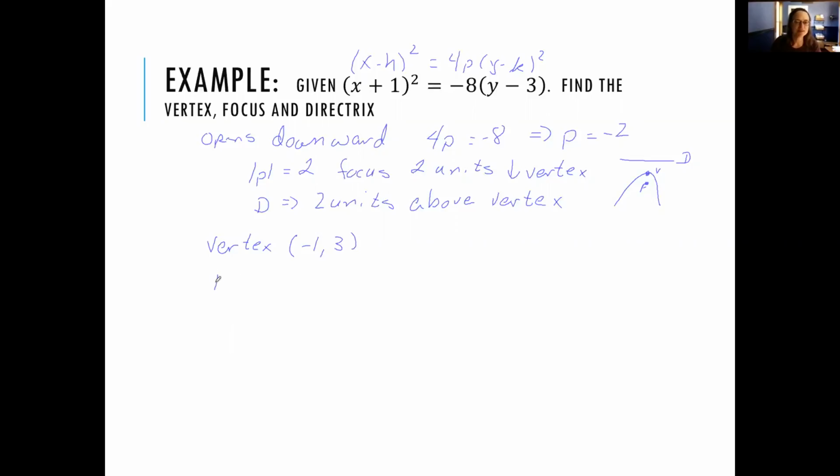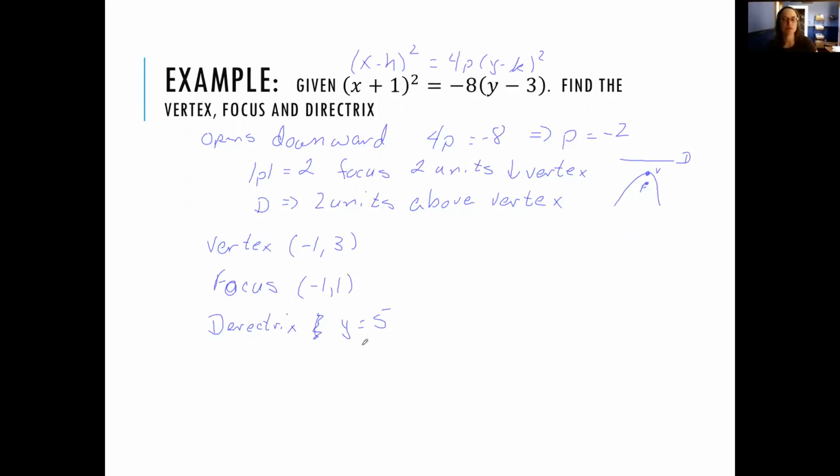My focus is 2 units below that. The x coordinate will be unchanged, so it's at (-1, 1), since 3 minus 2 is 1. And the directrix is a horizontal line that goes through the point (-1, 5), so that's going to be y equals 5.